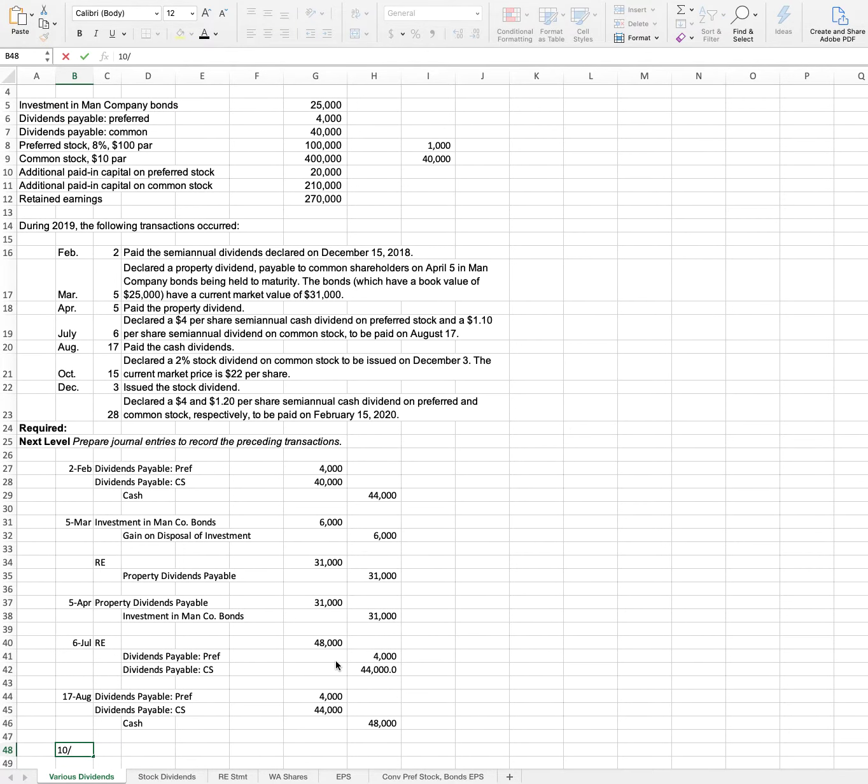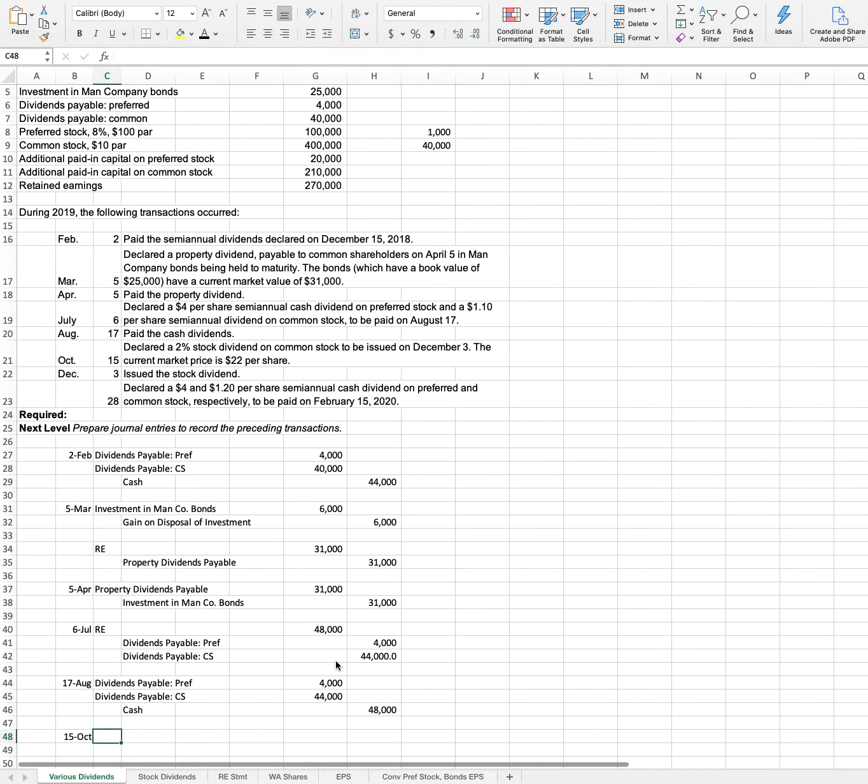Then we have October 15th, declared a 2% stock dividend on common stock to be issued on December 3rd. The current market price is $22 per share. So on October 15th, we're going to be debiting retained earnings.